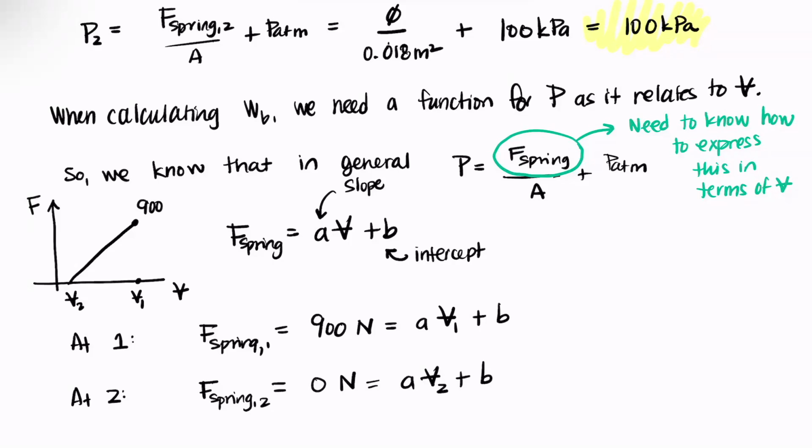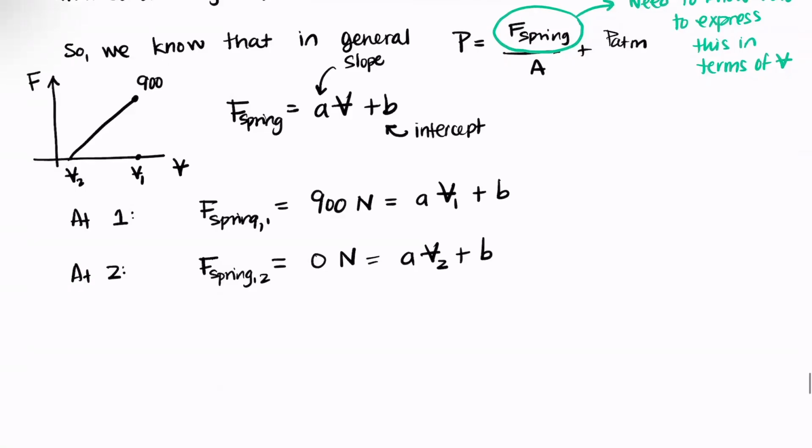Any suggestions on how to solve this system of equations? I'd suggest we perhaps subtract them from one another and isolate A first. Does that sound okay? Okay, so we're going to subtract. I'm going to call this equation 1, and this is going to be equation 2.